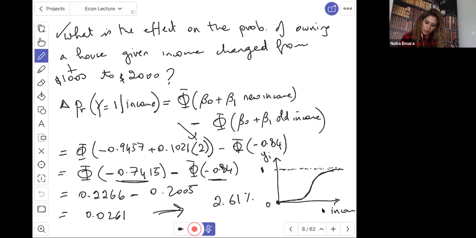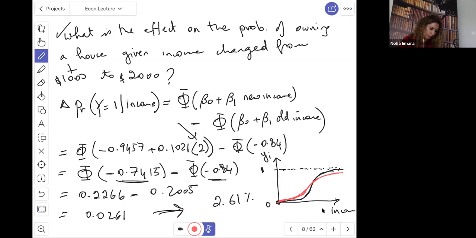Before we leave the model, I just want to say that the graph for the logit regression is very similar to this S shape. However, it starts a little bit higher and it ends a little bit lower. It's supposed to be smooth, and that's why they give us very close results.